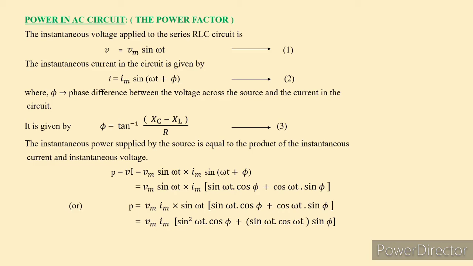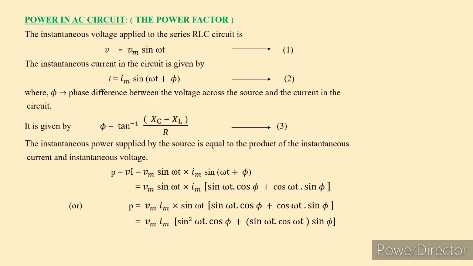This is equation 3. The instantaneous power supplied by the source is equal to the product of the instantaneous current and instantaneous voltage. That is P equal to V into I. That is again equal to Vm sin omega t into Im sin of (omega t plus phi).